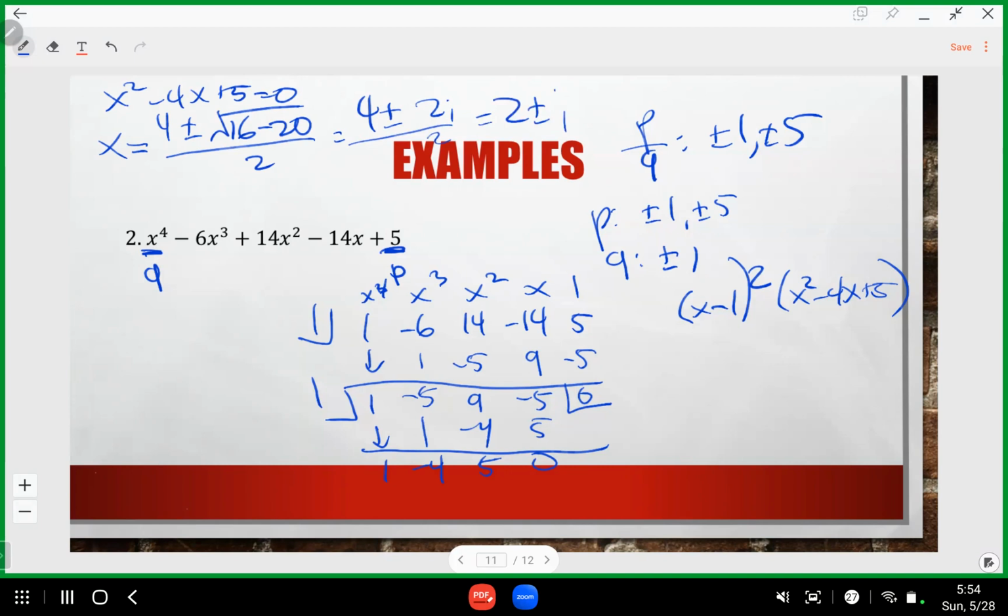Then we get the following roots, 2 plus or minus i, right? So x minus 1 squared and x minus 2 plus i times x minus 2 minus i, right? So those are the roots. So does everybody understand that?